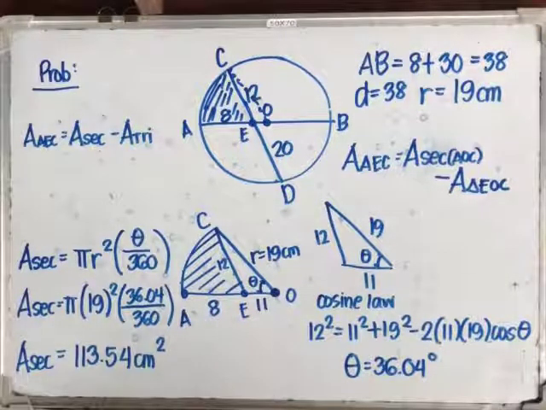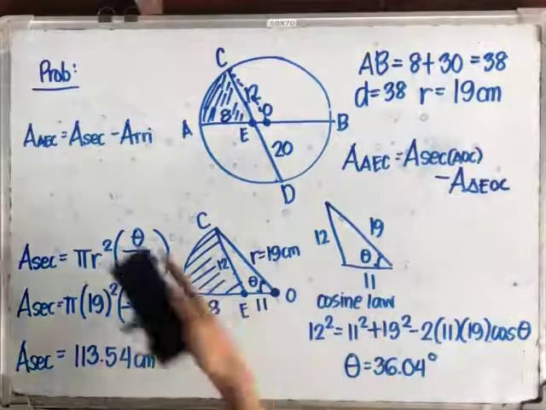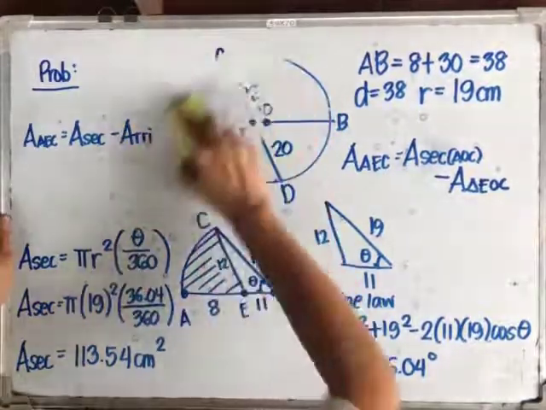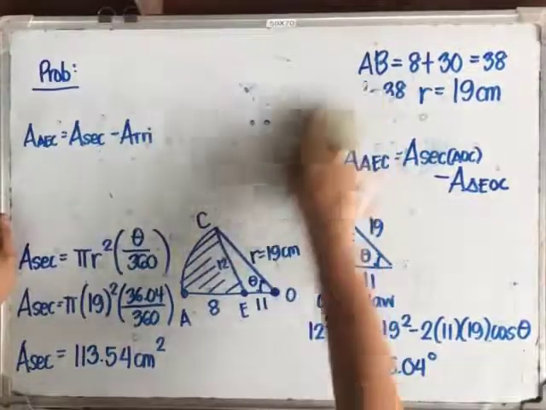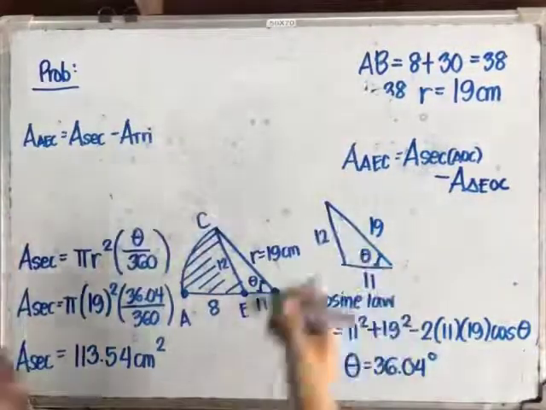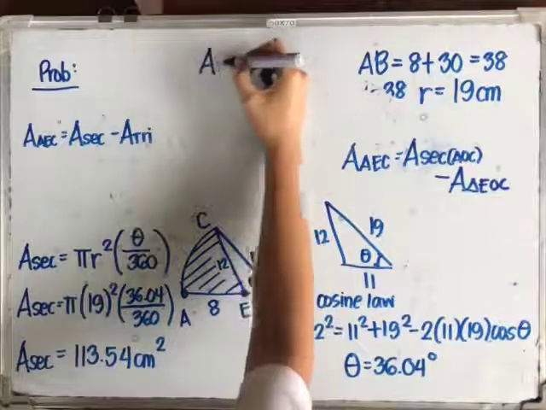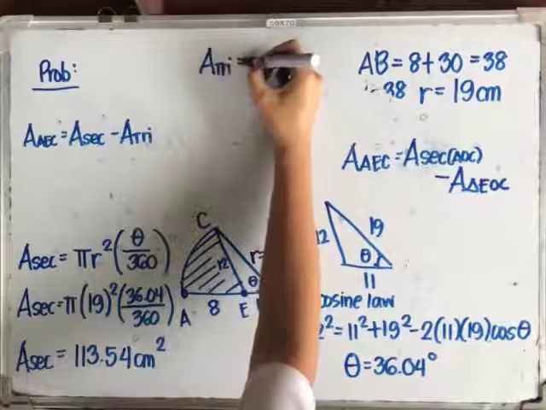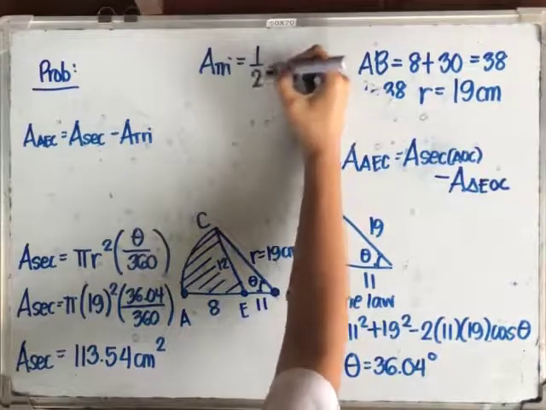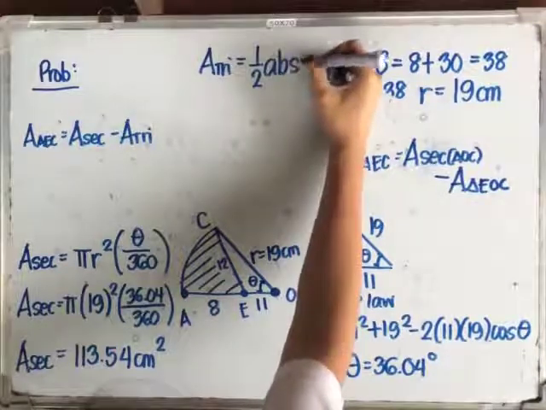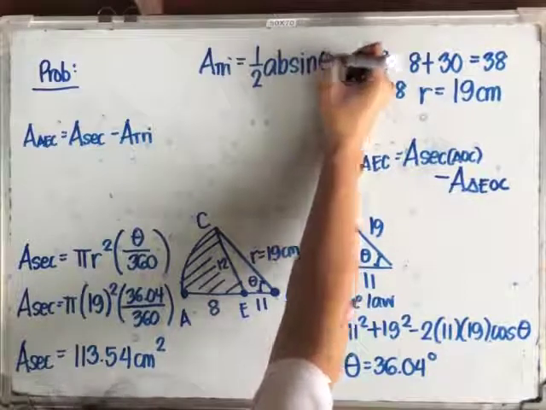Now, we need also to get the area of the triangle to complete our solution. Let me erase this portion of our solution. Okay. Area of the triangle naman tayo. How do we get that? That's 1/2 AB sine of an included angle.